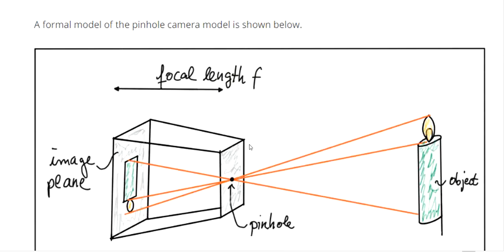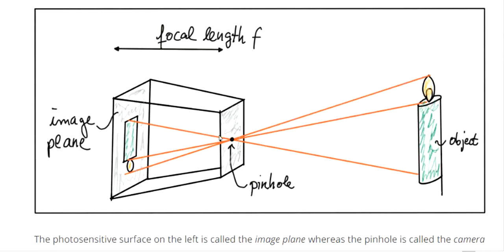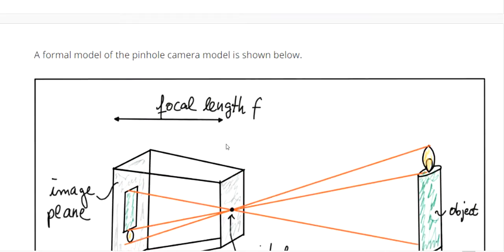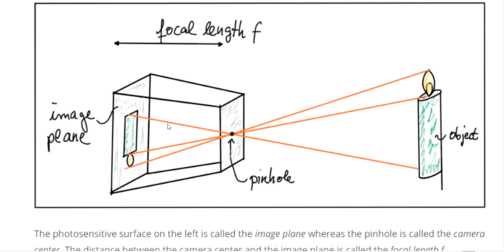The model of the pinhole camera is something like this. You have the image plane right here, the pinhole right here, the object right here. The light goes through the pinhole and creates a picture on the image plane, and the distance between the image plane and the pinhole is the focal length f.